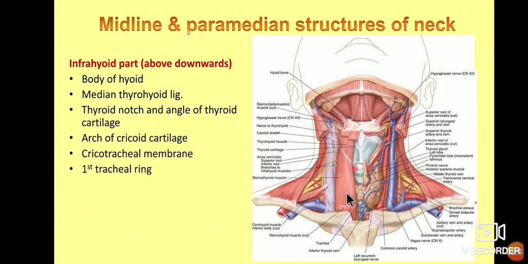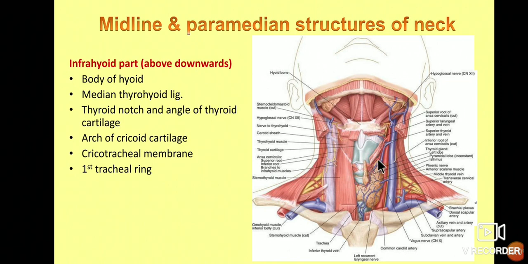On either side, paramedian, you will be able to see the infrahyoid muscles. The infrahyoid muscles are present in two layers. The superficial layer is the sternohyoid and then omohyoid. In the deeper layer you have sternothyroid and thyrohyoid.